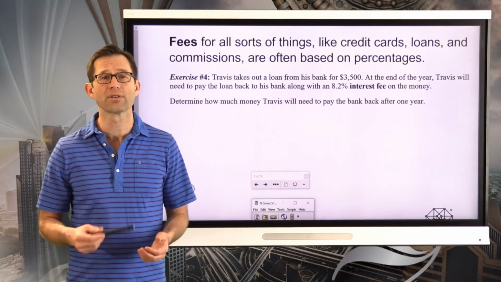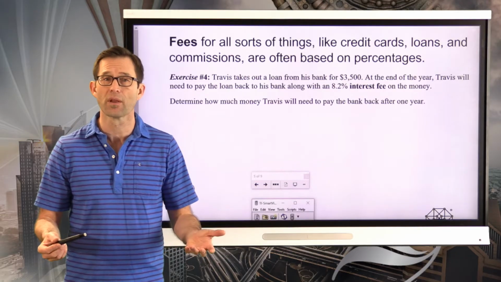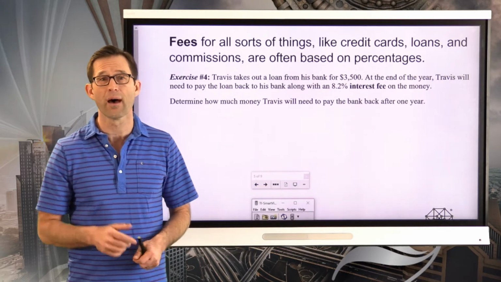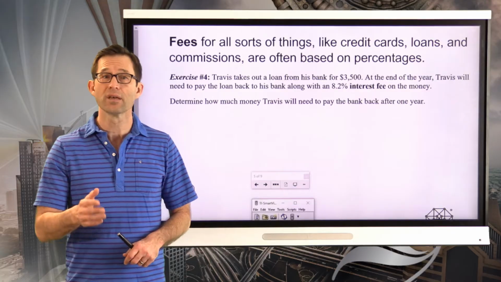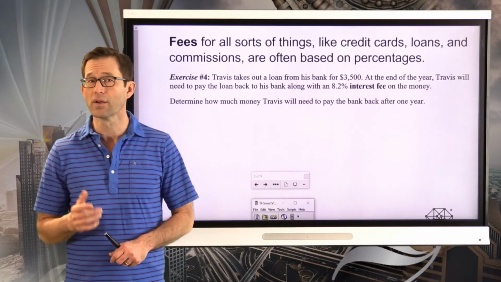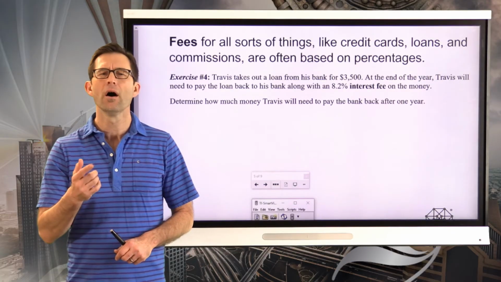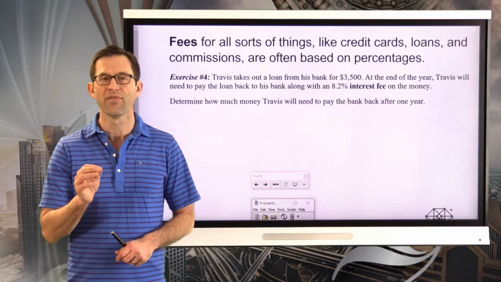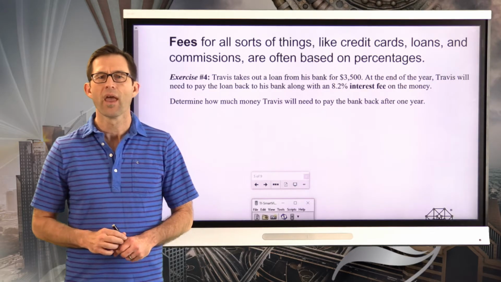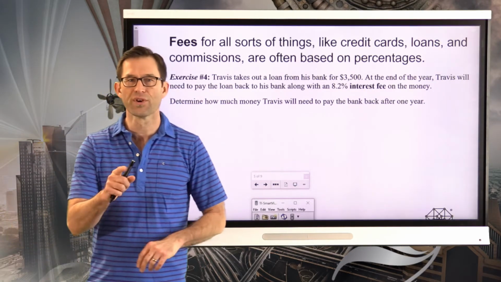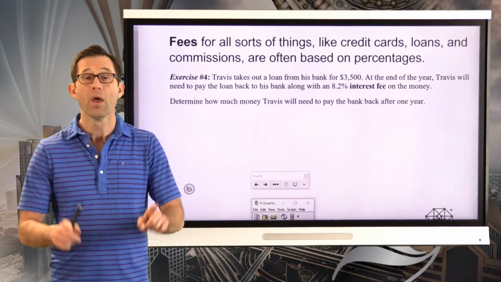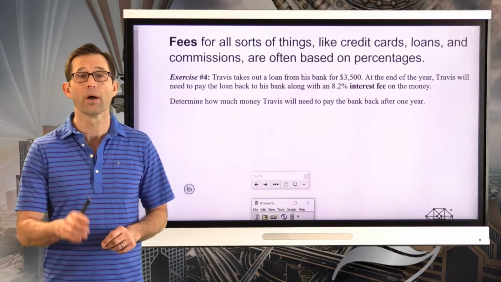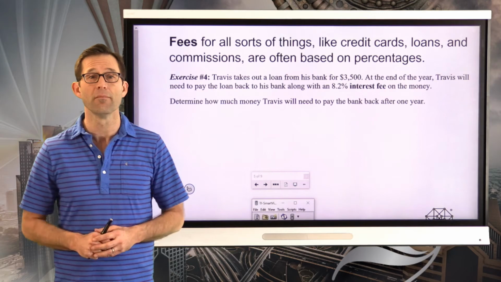If you take money out to buy a car or a house, the bank doesn't just give you that money for free. The bank says, here's the money, but you're going to have to pay us that money back plus a little extra, and that's going to be based on a percent. And finally, there's something called a commission, and we'll talk about that a little bit more in a bit. But let's jump into exercise number 1, where we look at an interest fee based on percent.